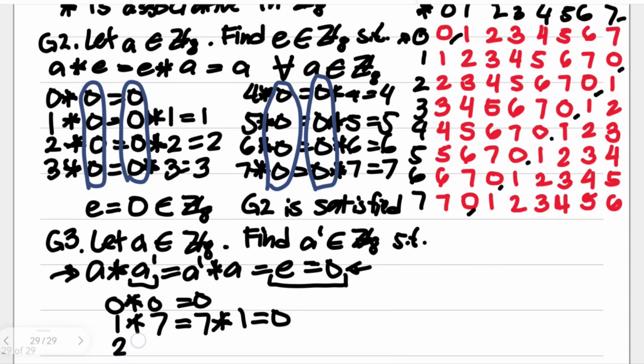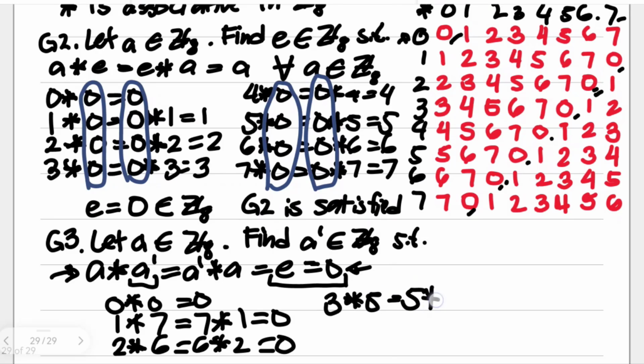For 2, here is 2 and this is actually 6. 2 star 6 is equal to 6 star 2 as well, also 0. For our 3, 3 star 5, which is the same as 5 star 3, equals 0. For our 4, 4 star 4 is 0. We also have 5, which I already have here, sorry, this is our 5 star 3. We have here 6 star 2 and 7 star 1.